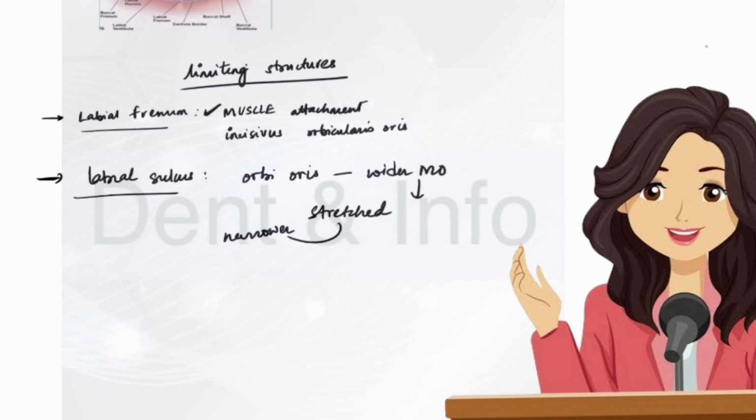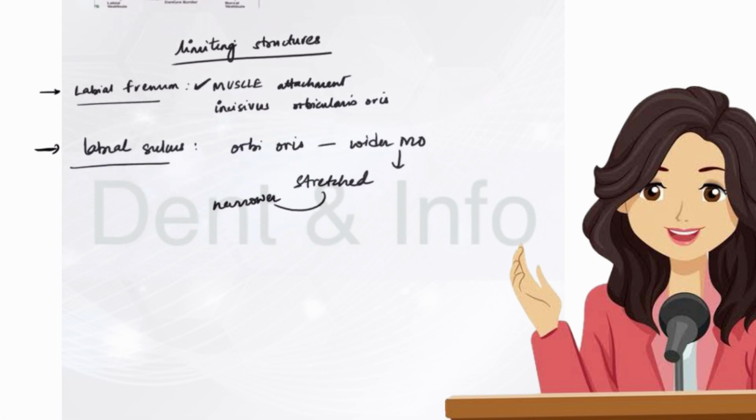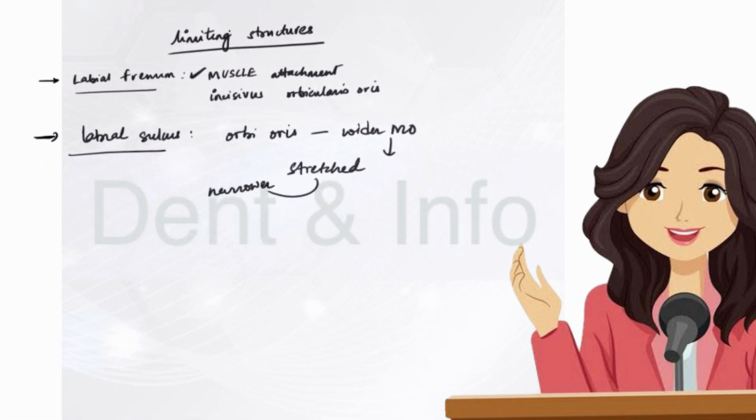Clinically, if I tell you one point, it is preferred to have a 2 to 3 millimeter thicker border to obtain a good peripheral seal in this region, but till the limit it is tolerated. If it is affecting the aesthetics by keeping a thicker border, or if you feel that it is dislodging the denture, then you should not go beyond the physiological limits, right?